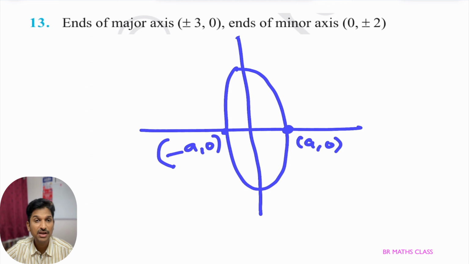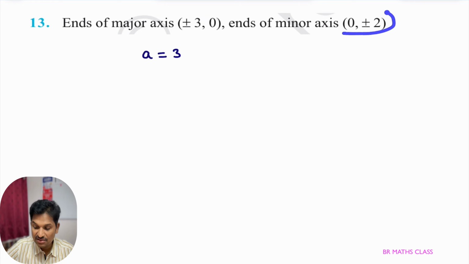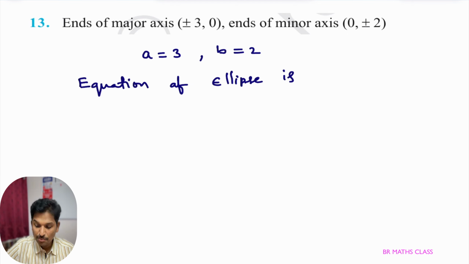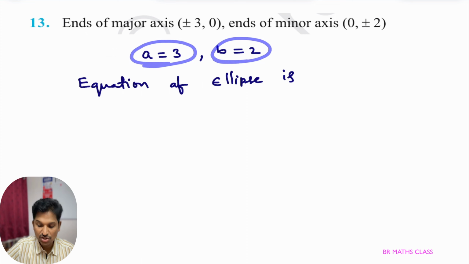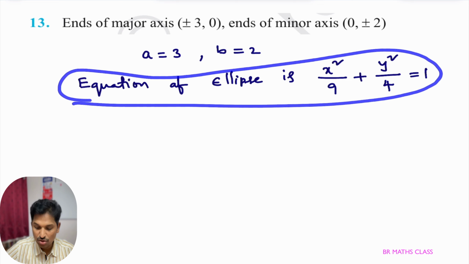So what I am trying to say is, whenever they give plus or minus 3 comma 0, it indicates that this value is a. a is 3 and this value is b. What is b? b is 2. Okay. As we know the a value and b value, we can easily write the equation of the ellipse. What is the formula? x square divided by a square. As a is 3, a square is 9, plus y square divided by b square, 2 square is 4, equal to 1. This is the equation of the ellipse.